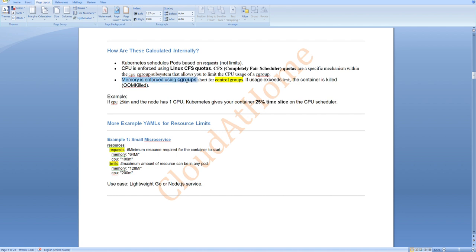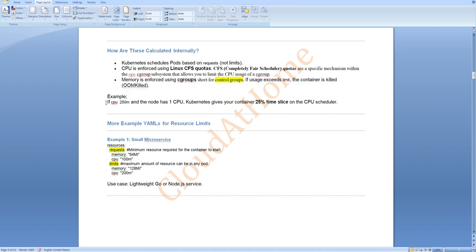Memory is always enforced using cgroups, and CPU is enforced using CFS, which stands for Completely Fair Scheduler quotas. If the container exceeds the memory limits, the container will be killed, which is called OOM killed, out of memory killed.